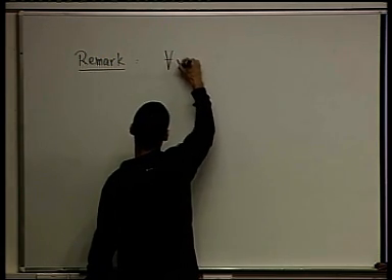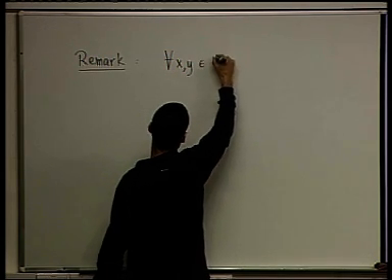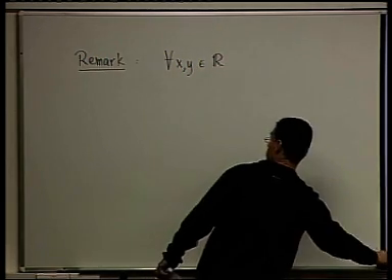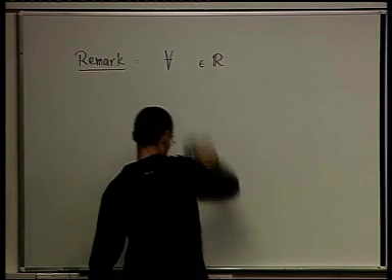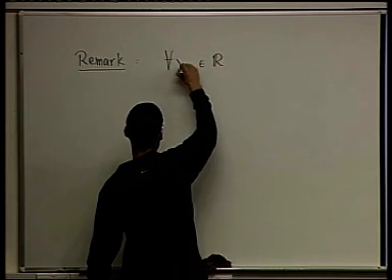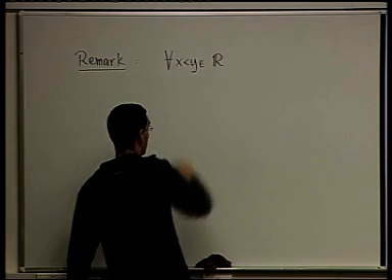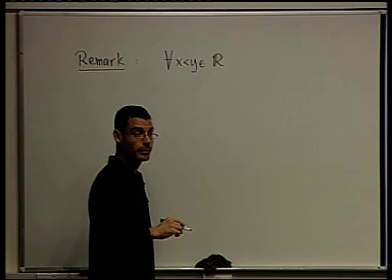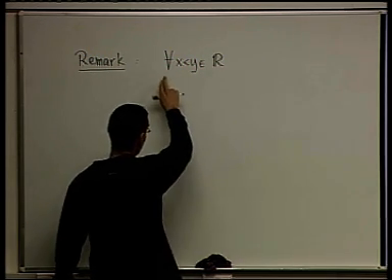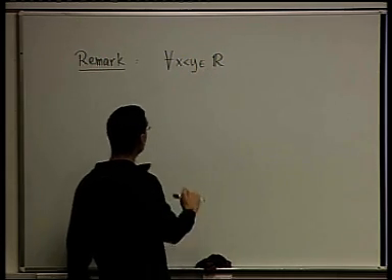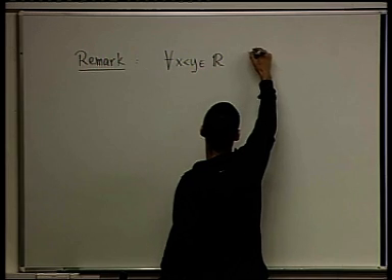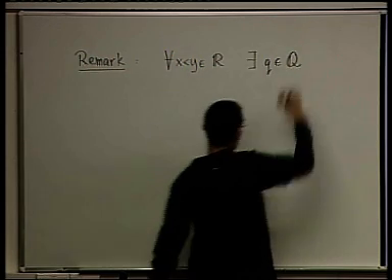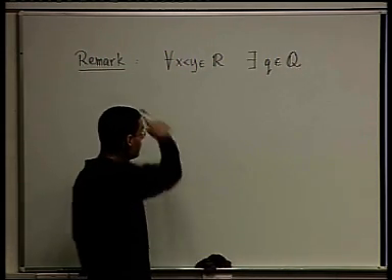For any x and y in R, for any two real numbers on the real line, one is going to have to be smaller than the other, so let's call it x. For any x less than y in R, there exists a q in Q. Can you read through this?